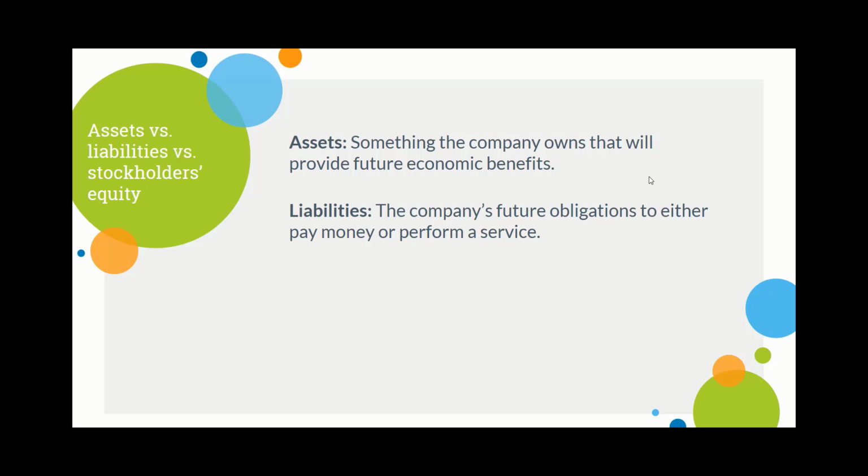And so that future service I have to give you is considered a liability. You gave me money, but I still have to perform that service. Or if you think about a warranty, if you take out a warranty on a car or on your iPhone or whatever, well, that's a future obligation that the company has to provide you a service. And so that is a liability.